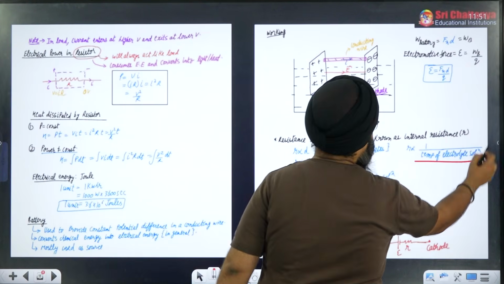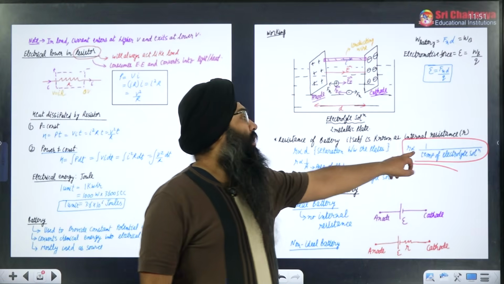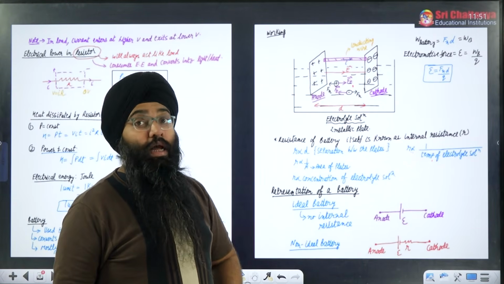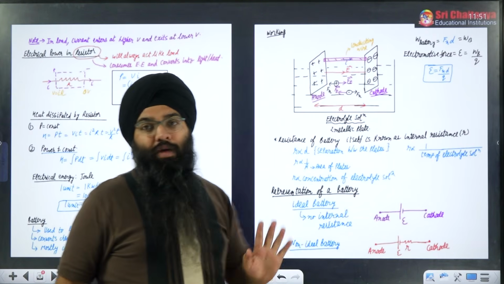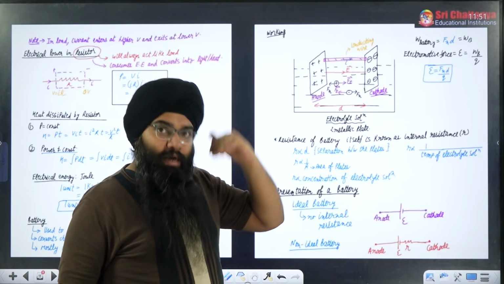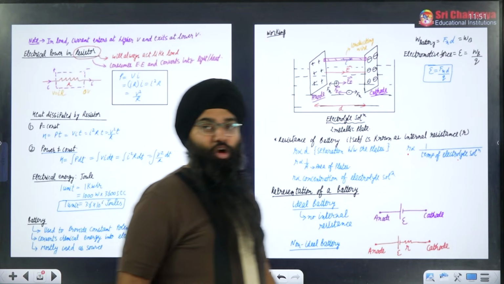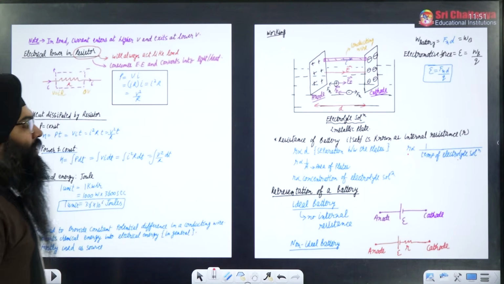It is also inversely proportional to the temperature of the electrolytic solution. Always remember, internal resistance of the cell is inversely proportional to temperature. But the resistance of a conductor is directly proportional to temperature: as temperature increases, resistance also increases. I hope these points are clear to you.